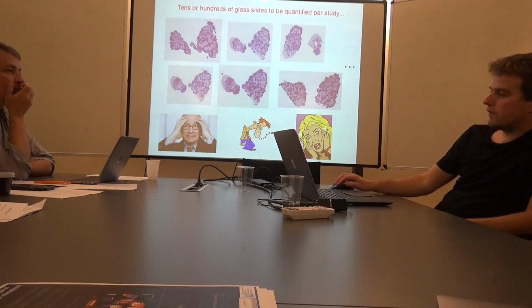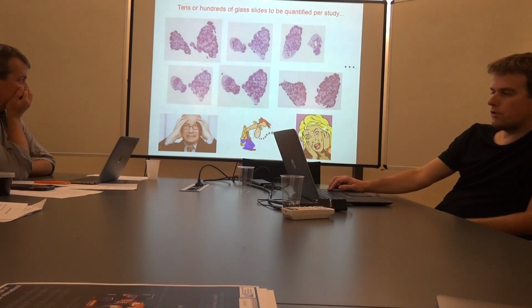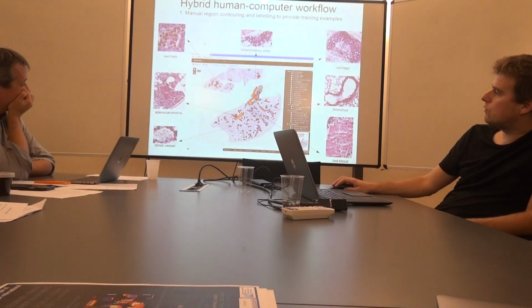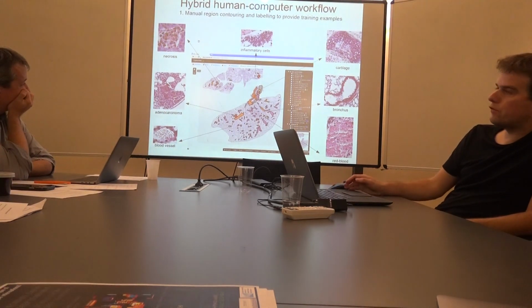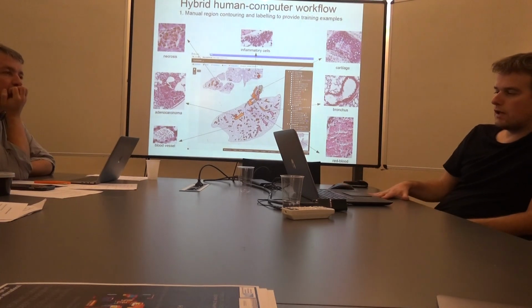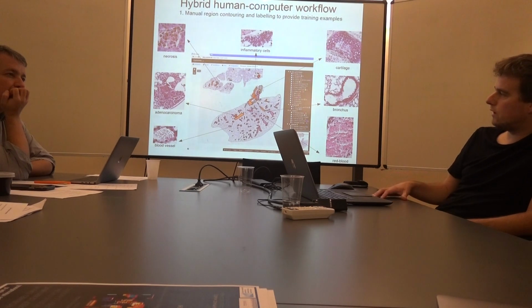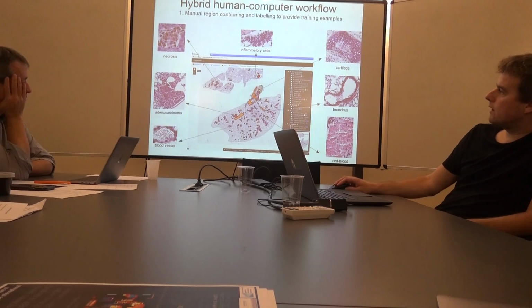And so what we propose them is a hybrid human-computer approach, where the first step is to ask, as I previously explained, the expert to manually annotate examples. So that's the idea of supervised machine learning, where you ask experts to provide examples so that you train machine learning models to mimic the annotation of images. And so in this problem, they were interested to detect these adenocarcinoma tissue regions.